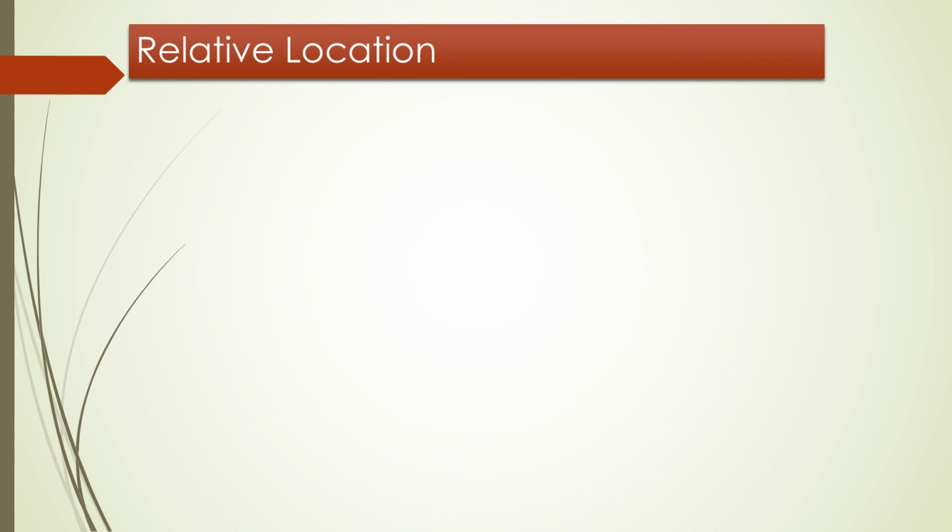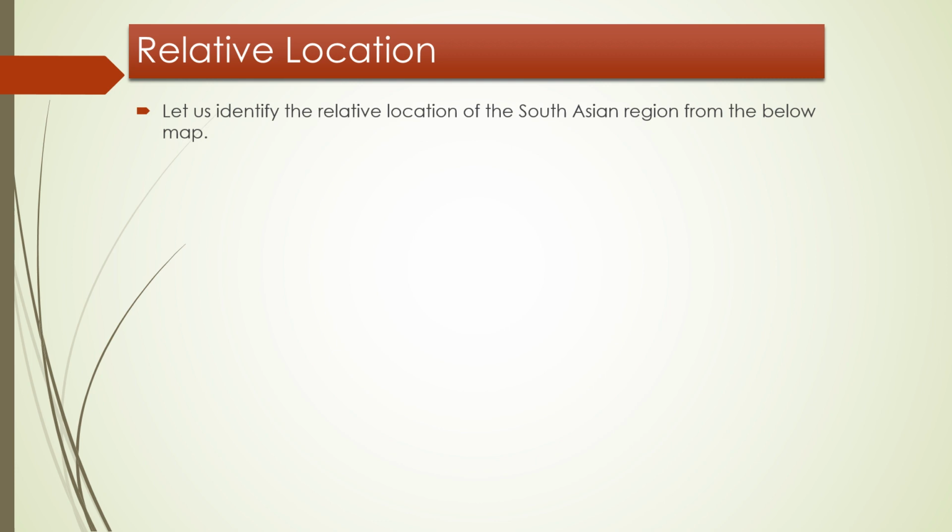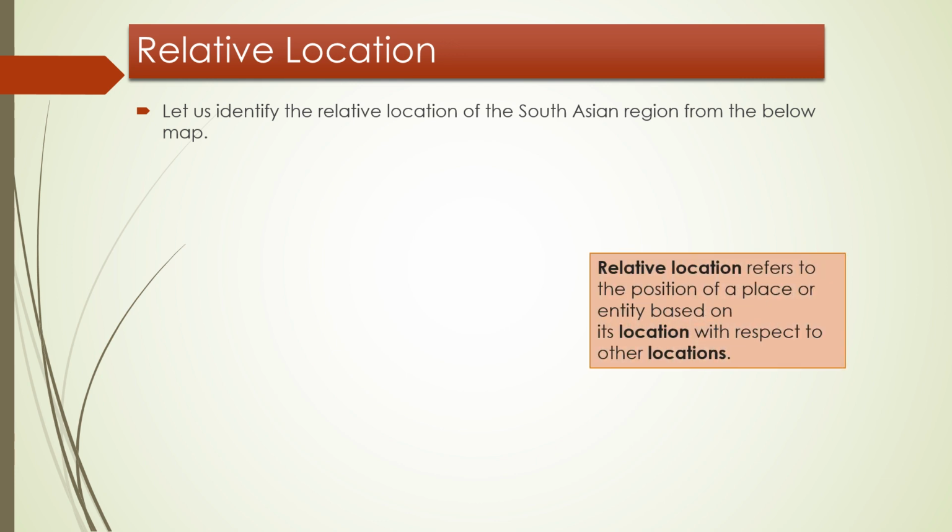Now we will see the relative location of the South Asian region. Let us identify the relative location of the South Asian region from the below map. Before that, we have to see what relative location is. Relative location refers to the position of a place or entity based on its location with respect to other locations.